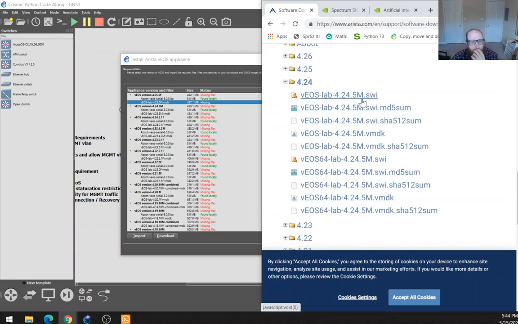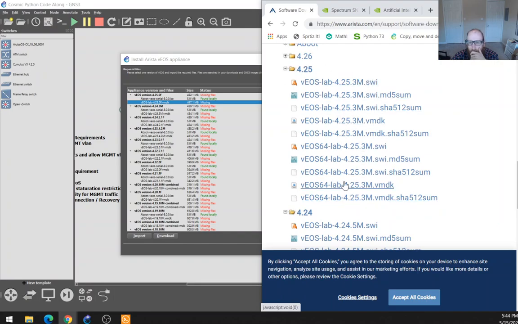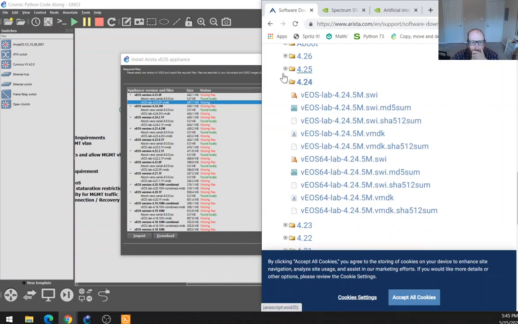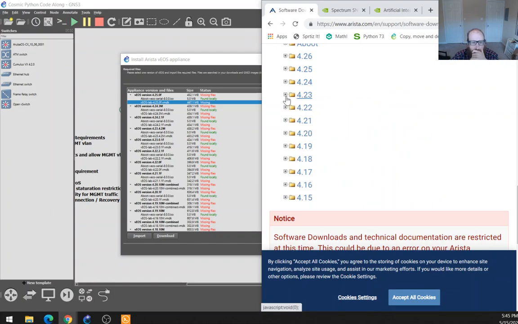God, that's so annoying. You can see here it says 243M under the 24, but here they only have 5M. But up here they have 240F. Here they only have a 3M. So they're not aligning together.